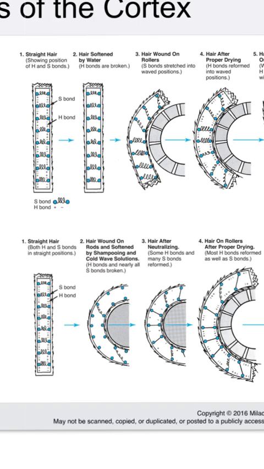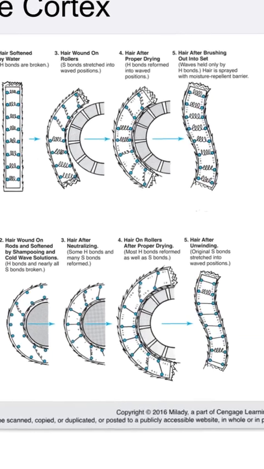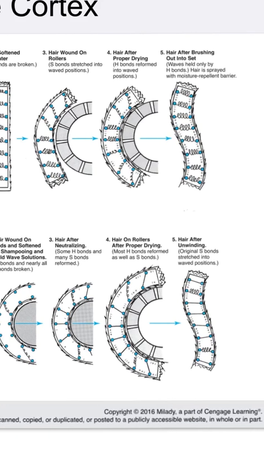Then you roll up her hair on the rollers. Your salt bonds have now been positioned into a waved position. Then the hair is dried. The H bonds are reformed into a waved position. Now you're going to brush out her hair and style it. The waves are held by the H bonds. The hair is then sprayed with a hairspray, and out the door she goes.